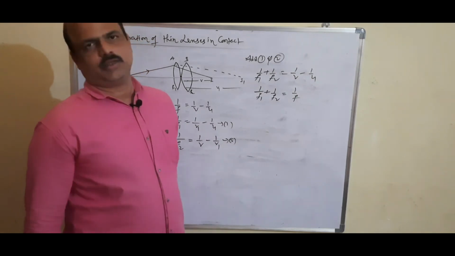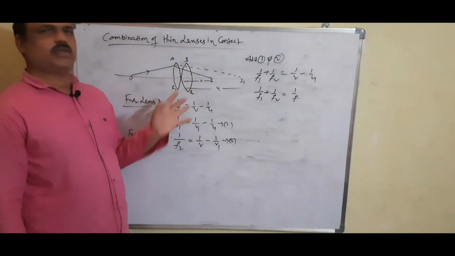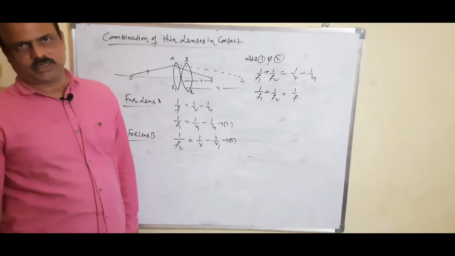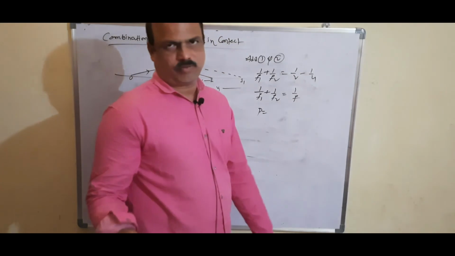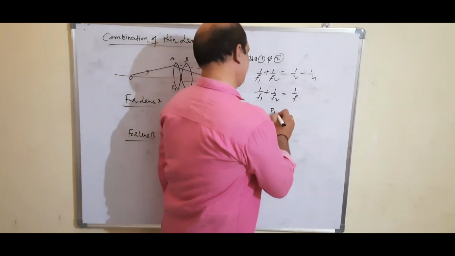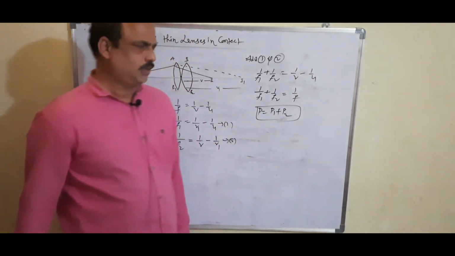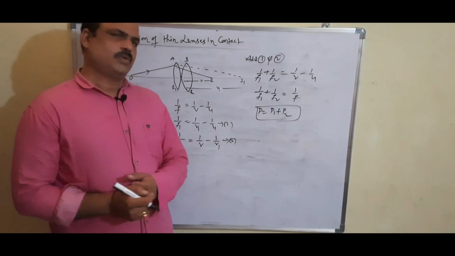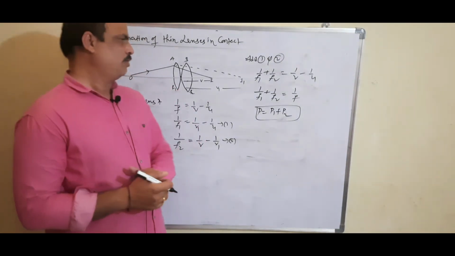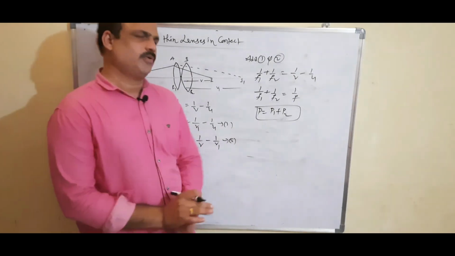So this is the expression for effective focal length of a combination of two thin lenses in contact. So power 1 by f is P is equal to P1 plus P2. So the power of the combination is equal to the sum of the powers of the individual lenses in contact. P is equal to P1 plus P2.